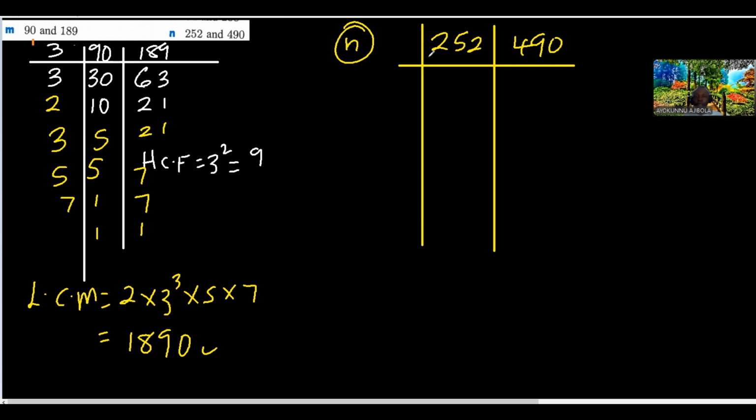They are even numbers, so 2 can divide them. 2 in 5 is 2. Then 2 in 12 is 6, while 2 in 4 is 2. 2 in 9 is 4, making 10 and 5. We can see that 2 cannot divide them again, because one of them is an odd number.